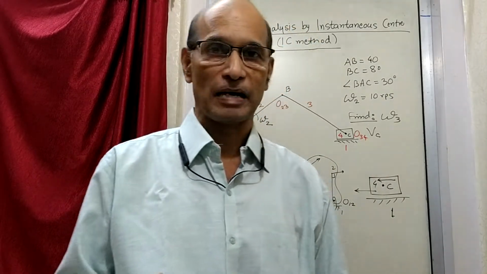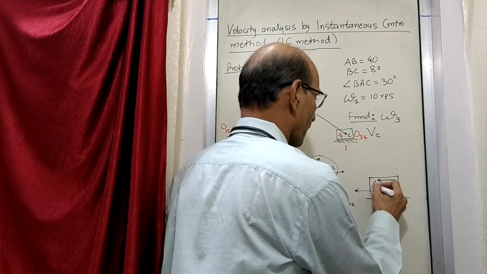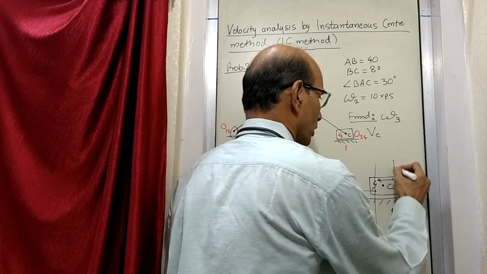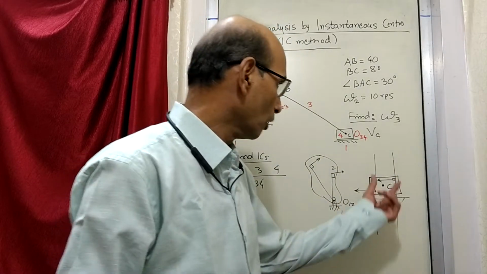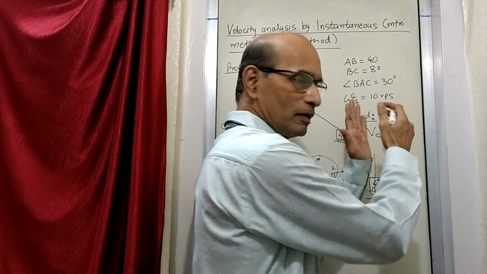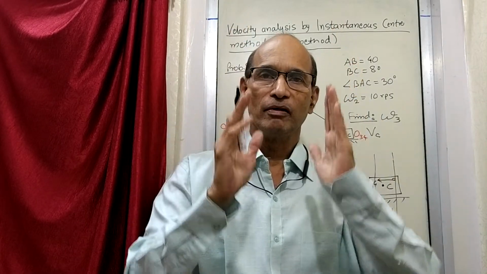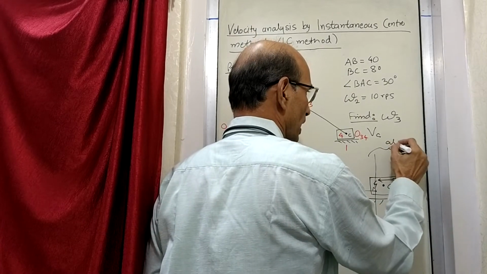So here we do that. Draw a perpendicular to the velocity vector, draw a perpendicular to the velocity vector. So we have drawn these two perpendiculars. Now where will these two perpendiculars meet? These two parallel lines will meet at infinity. So these two lines intersect at infinity.